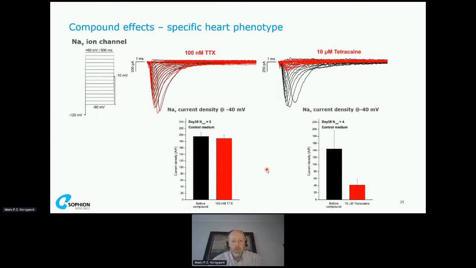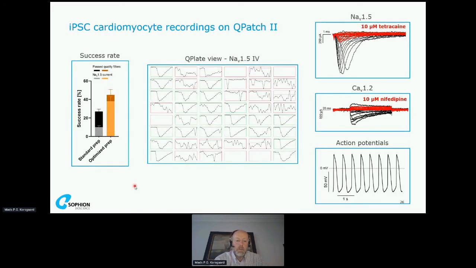And we have also looked into ensuring that we have actual heart cells, cardiomyocytes, so they should not be sensitive to tetrodotoxin, as you can see here. And then we have worked a lot with the conditions to handle the cells, and as you can see and appreciate over here, we are getting up to very decent success rates, where you start to get a lot of experiments out of just a single plate.